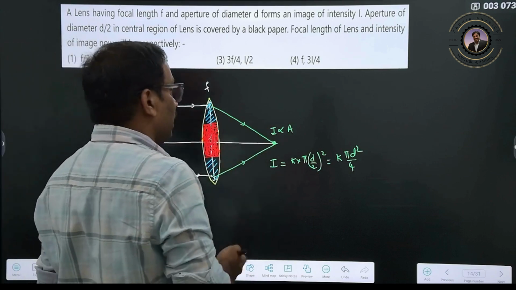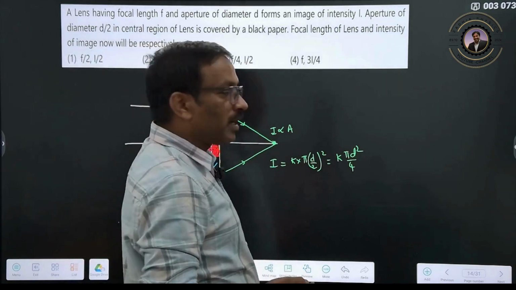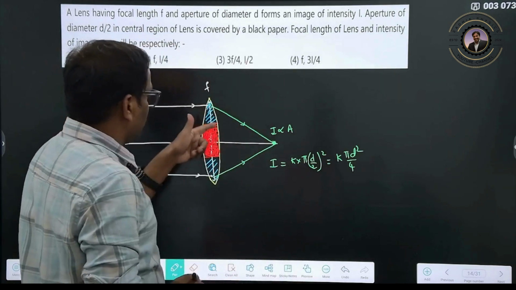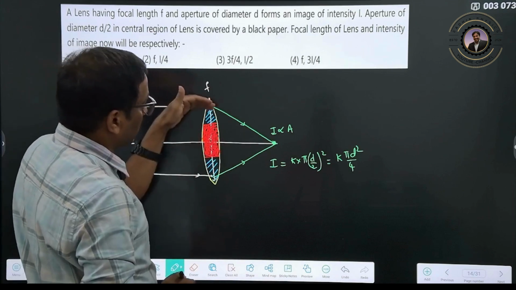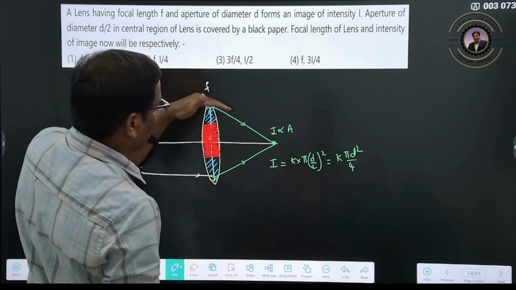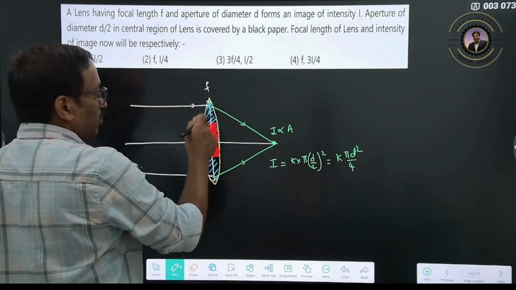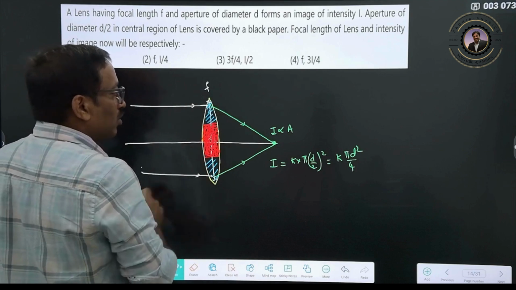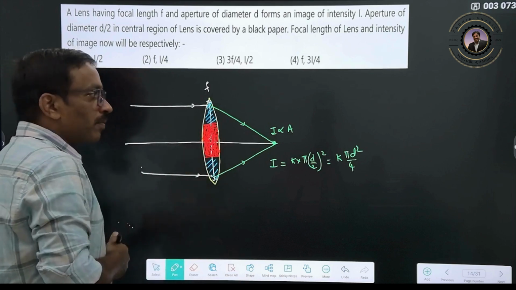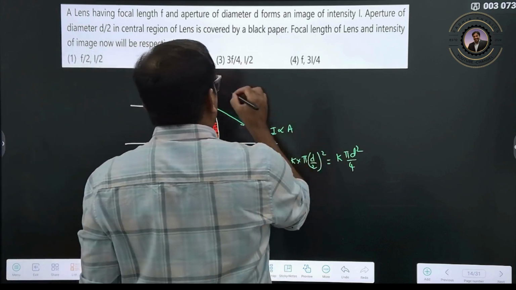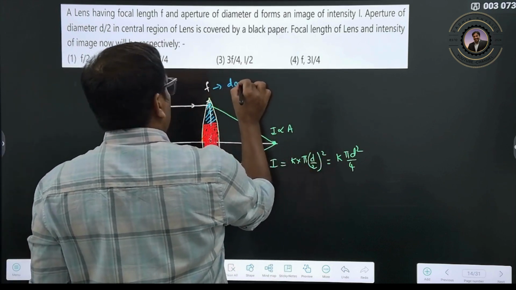So here intensity will decrease, but the focal length will not change. If the central region is covered, light rays are still coming and definitely going to bend toward this side. Therefore this portion of the lens works as it is and does not depend upon the central portion. So focal length does not change.